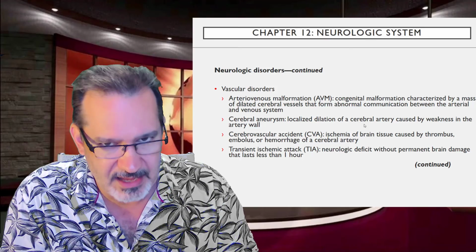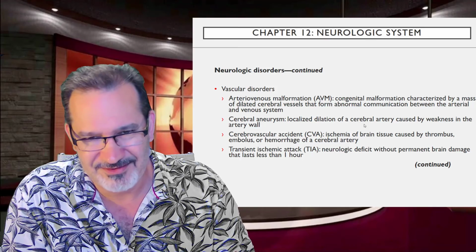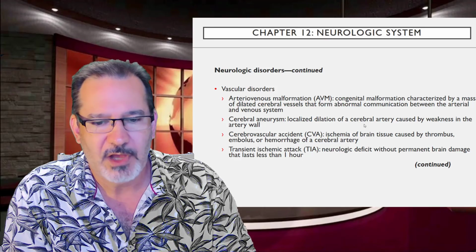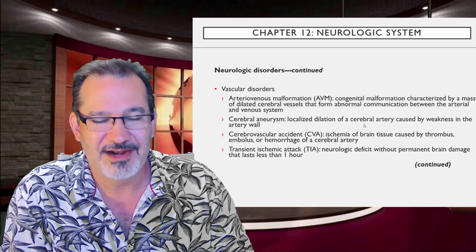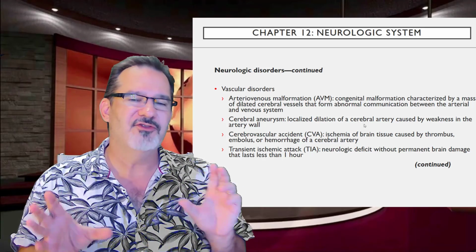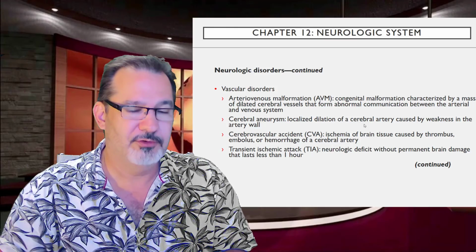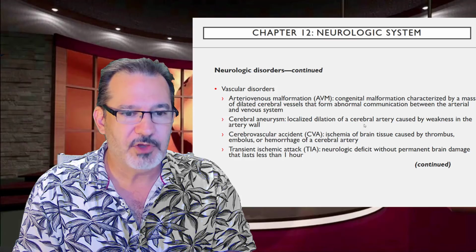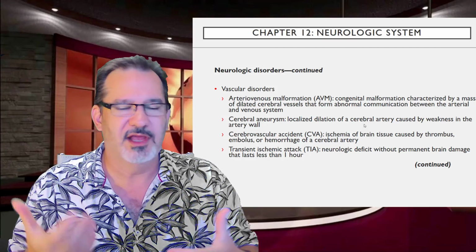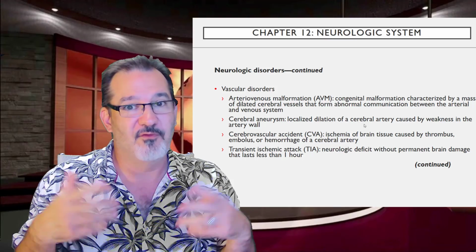So CVA is a major stroke. A TIA, transient ischemic attack, okay? Neurologic deficit without permanent brain damage that lasts less than an hour typically. These are like mini strokes. They can be precursors to having a CVA. So I kind of liken it to a TIA being almost like a foreshock.